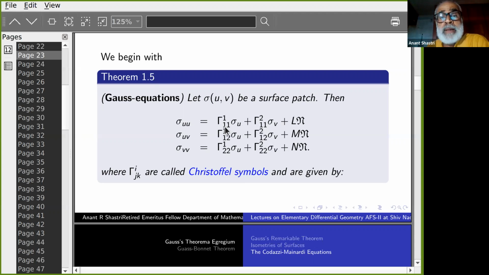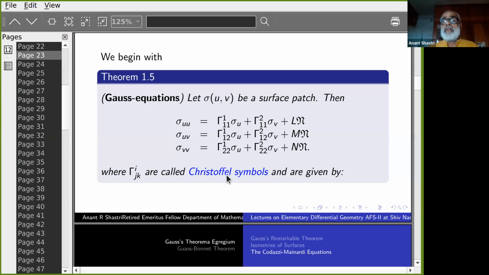You don't know what the gammas are. These gamma ijk's are called Christoffel symbols. I don't know what symbols Gauss used. These are called Gauss equations because Gauss had done them, but thinking of writing them like this neatly must be due to Christoffel.